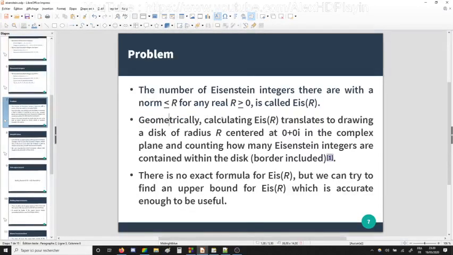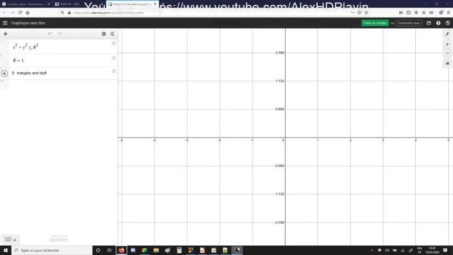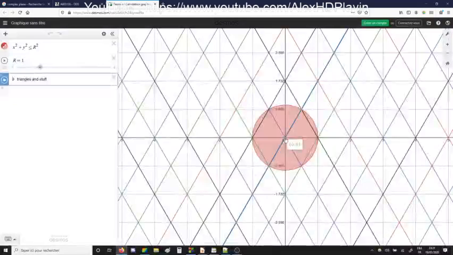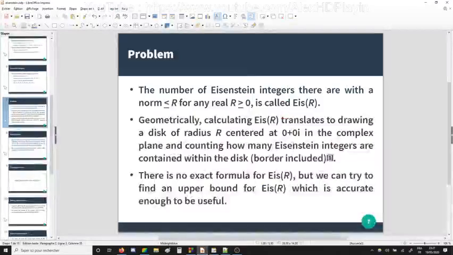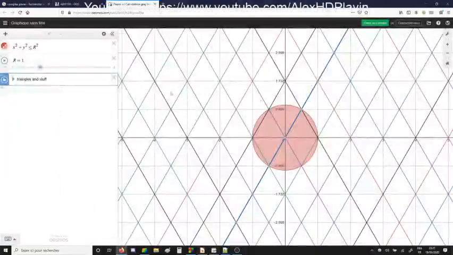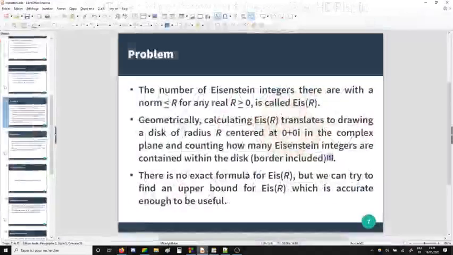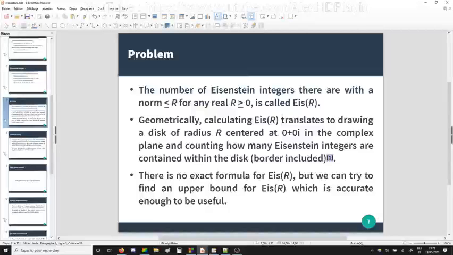So yeah, but here's how you could geometrically see this. Geometrically, you can calculate ice of r by drawing a disk of radius r centered around 0 plus 0i in the complex plane and counting how many Eisenstein integers, which are just vertices of all the triangles here, are contained within the disk.